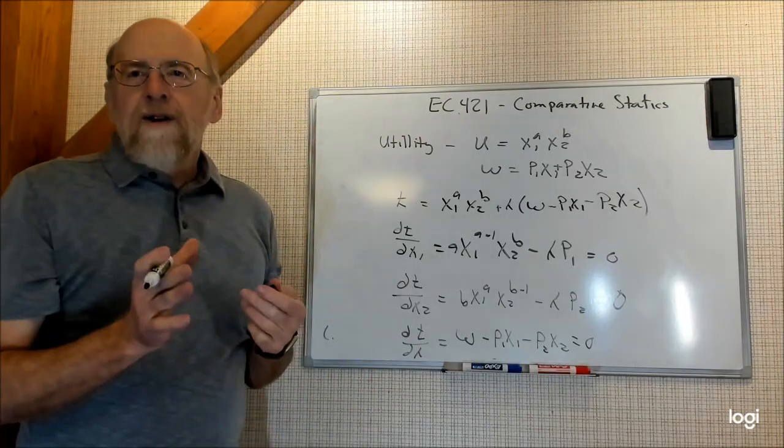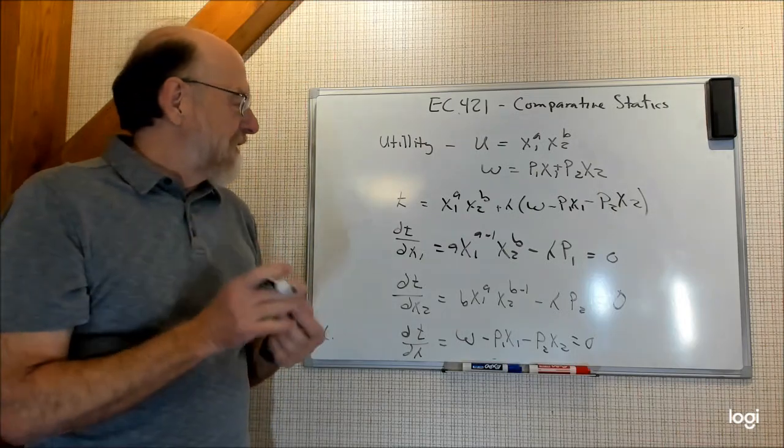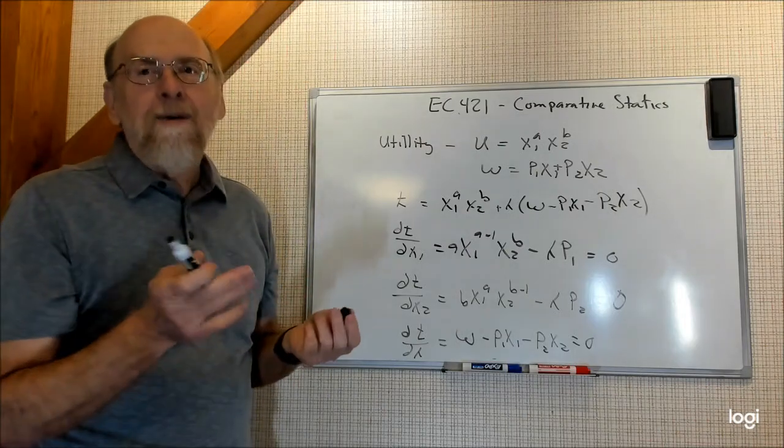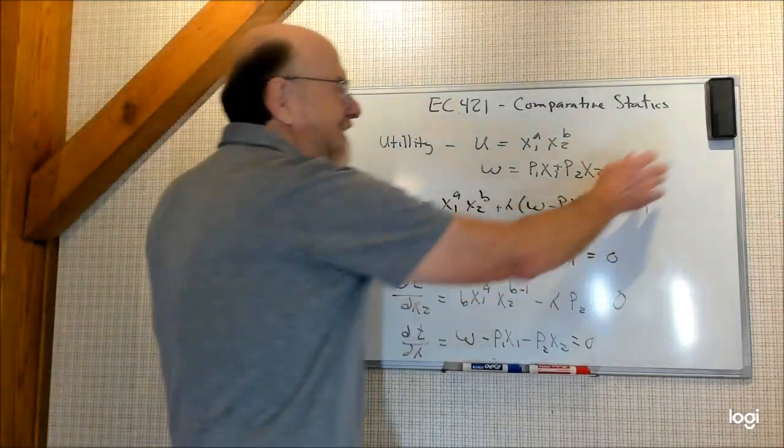And we can use those partial derivatives to determine the demand for each of these goods. I'm going to focus on good 1 just because I'm used to doing that, and it's pretty easy to do.